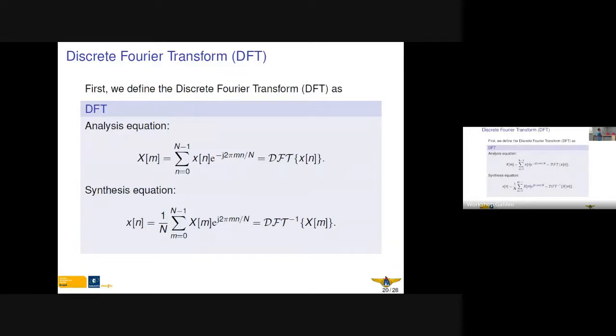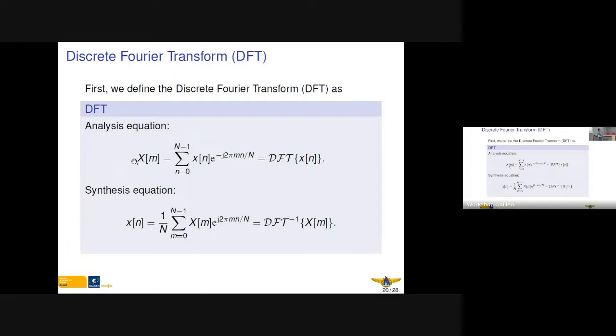First of all, I am repeating a little bit what the discrete Fourier transform is, because we will need that for our derivation of the parallel time delay acquisition. For the DFT, we can define the analysis equation of a signal x, and we can also use the operator DFT.